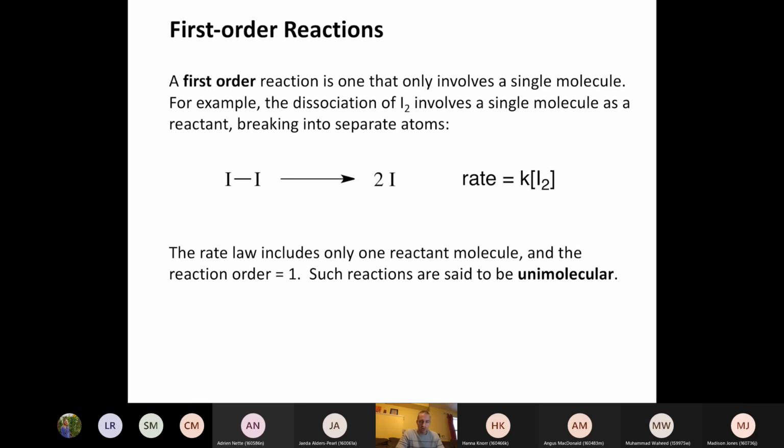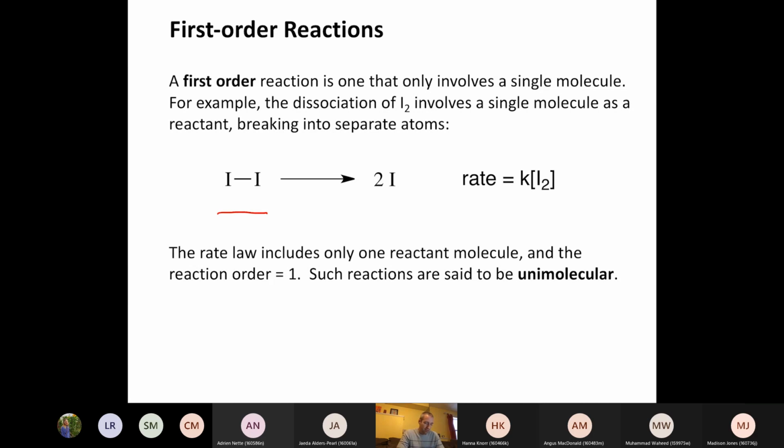First order reactions, though, super likely. First order reactions just involve a single molecule undergoing some reaction. In this case, we have iodine, I2, falling apart, breaking in half to make two individual atoms of I. This doesn't require any particularly high level of luck, right?